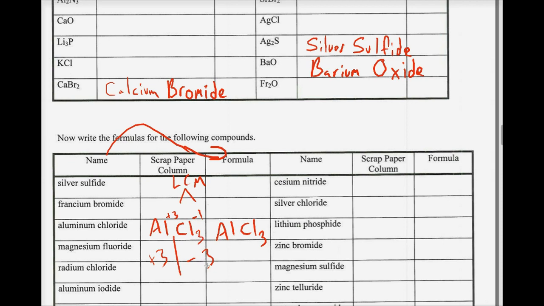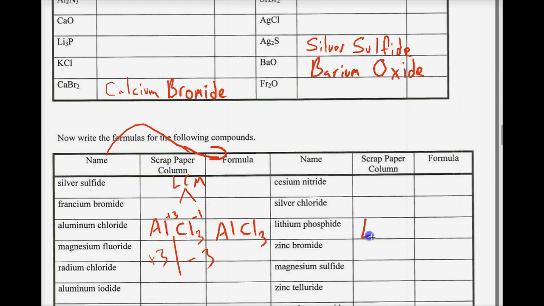It'd be 3 to 1. These are a little bit slow motion at first until you get a feel for the periodic table and the charges, and that starts to make life a little easier.